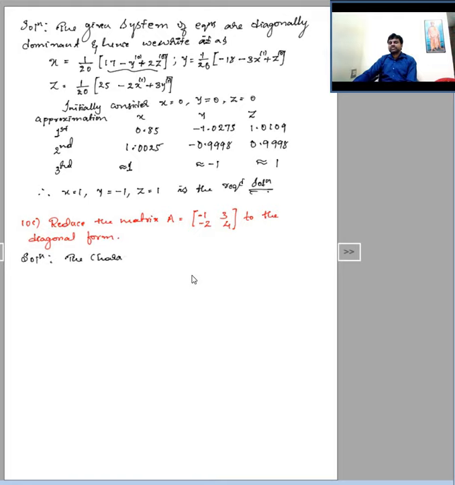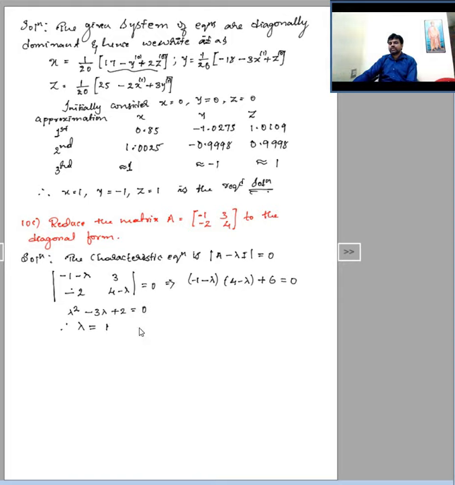So the characteristic equation is given by determinant of A minus lambda I equal to 0. Just subtract lambda from the diagonal elements, expand that determinant and solve for lambda. I got the lambda values as 1 and 2 as the eigenvalues.